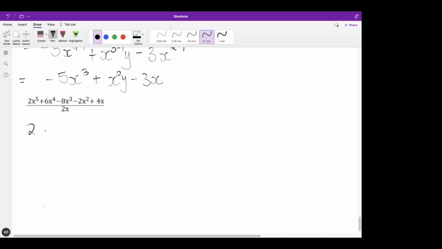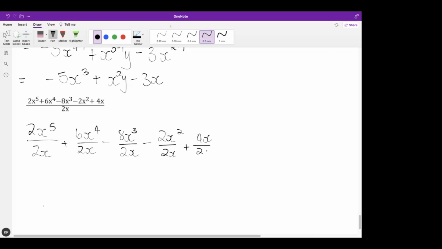Okay. 2x to the power of 5 over 2x plus 6x to the power of 4 over 2x minus 8x cubed over 2x minus 2x squared over 2x plus 4x over 2x.